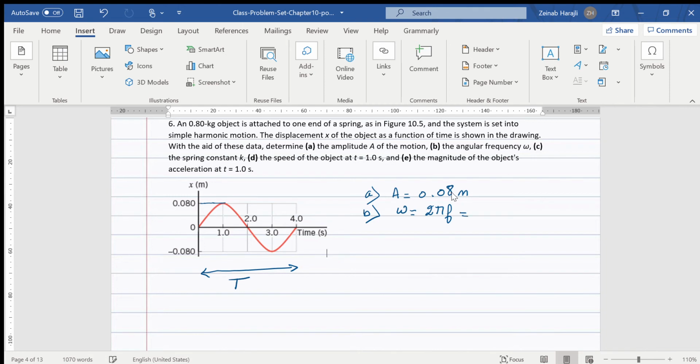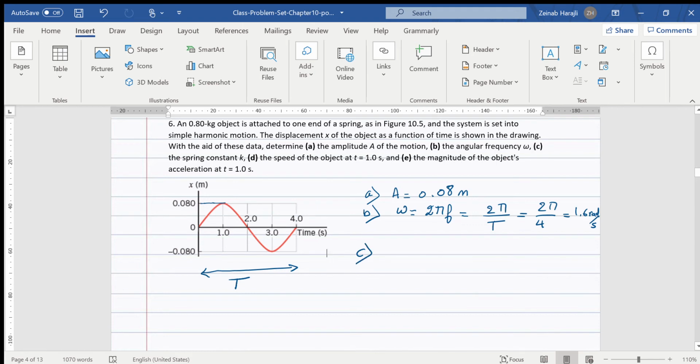So let's write omega in terms of this period. And from the graph, we can find that the period is 4 seconds. So this is 2 pi over 4. And this will give us a value of 1.6 radians per second for the angular frequency.